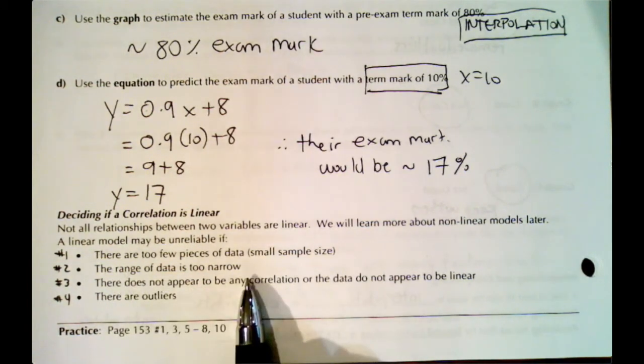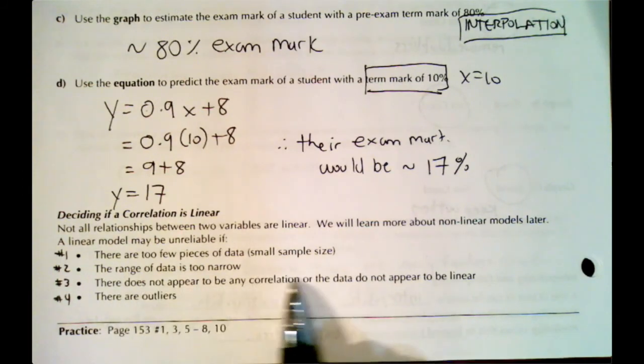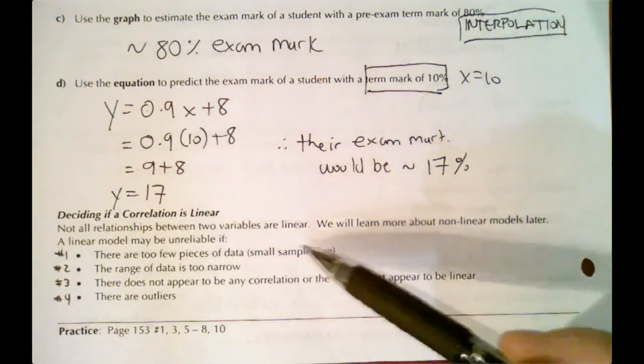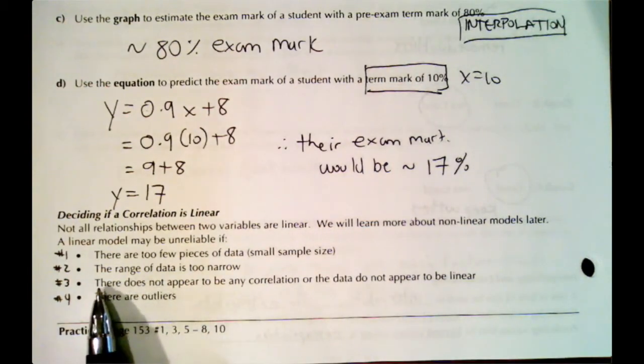The range of data is too narrow. There does not appear to be a correlation, and there are outliers. So if any of these things happen and you don't get a strong relationship, this is probably why. You didn't collect enough data, or you got low correlation because it's weak or no correlation, or there's outliers. There's a lot of points that are really far from the line. That's why you might not get a strong linear relationship.